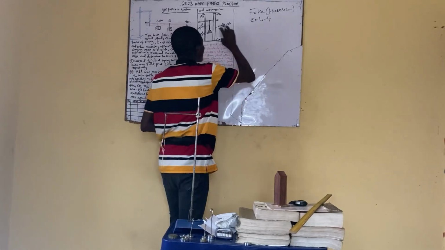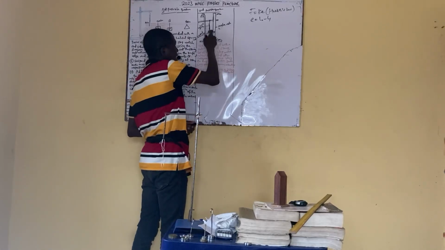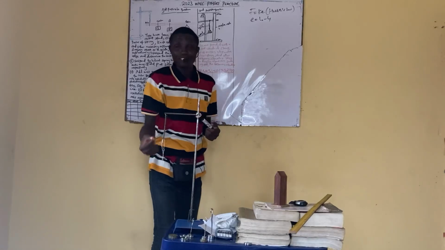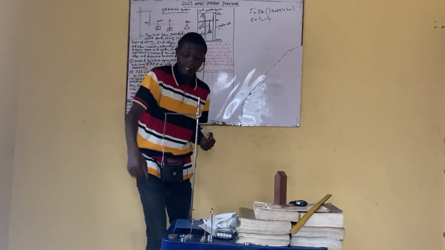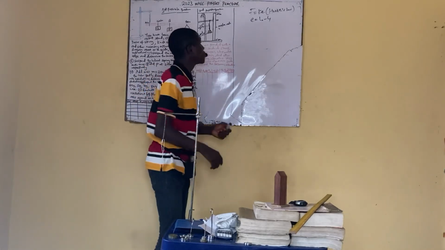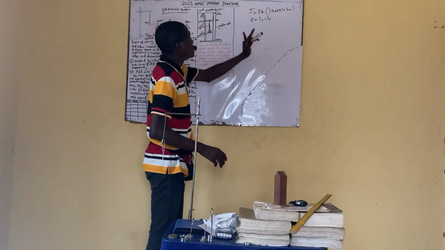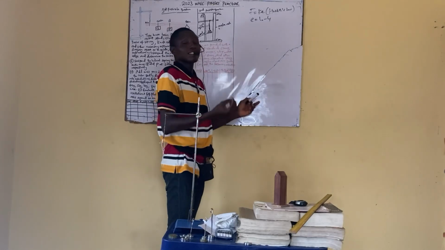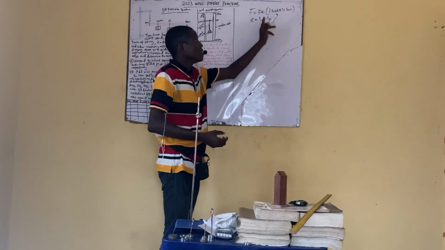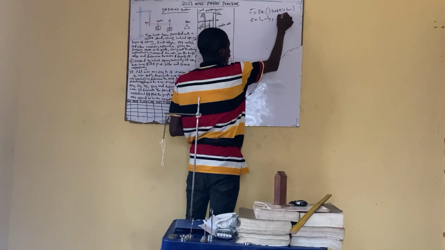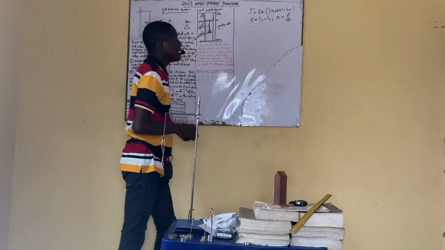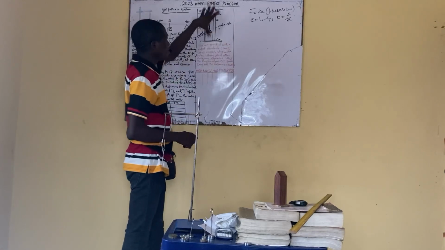So the extension is a result of the increase in the length of the helical string as a result of the load, which is the mass on it. So the experiment can be used to depict Hooke's law, and as a result of that, you can get the force constant K from Hooke's law. So that was the way the experiment can come in this format.